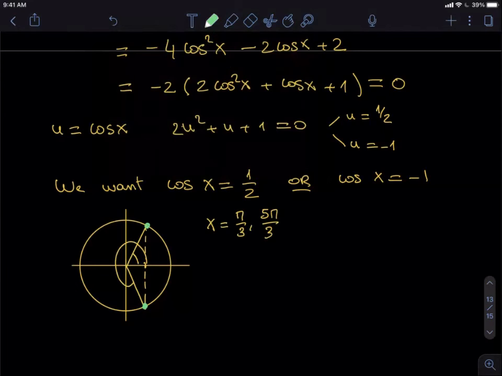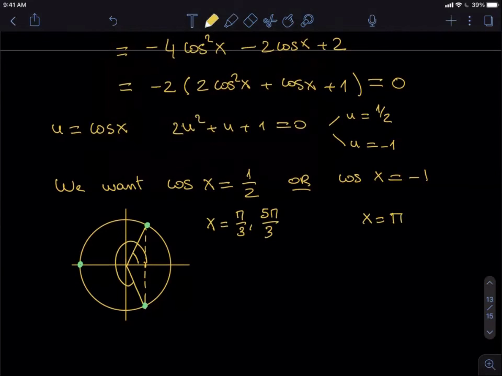And then cosine of x equals -1, which is x equals pi. All right, that's it. These are the points where the second derivative is equal to 0. We have seen those coincide with the inflection points, the changes in concavity.